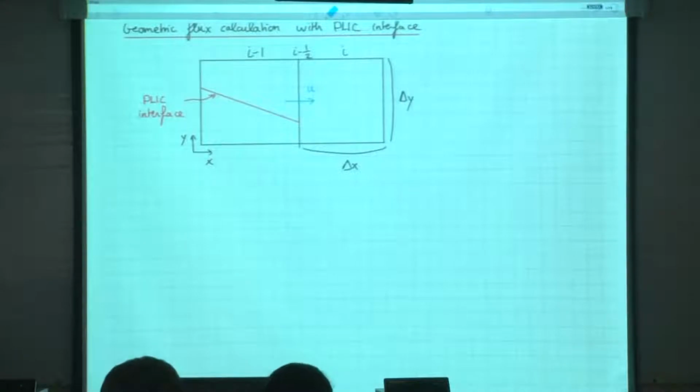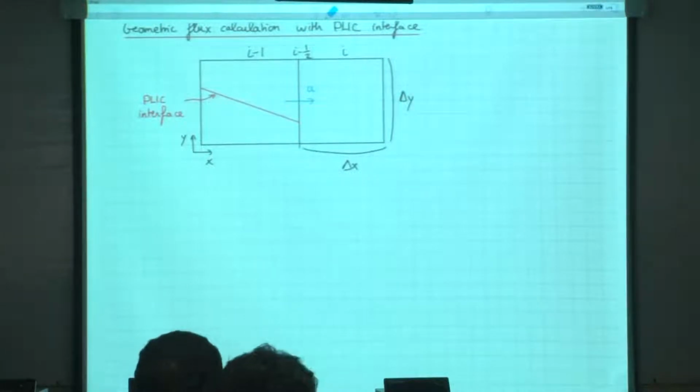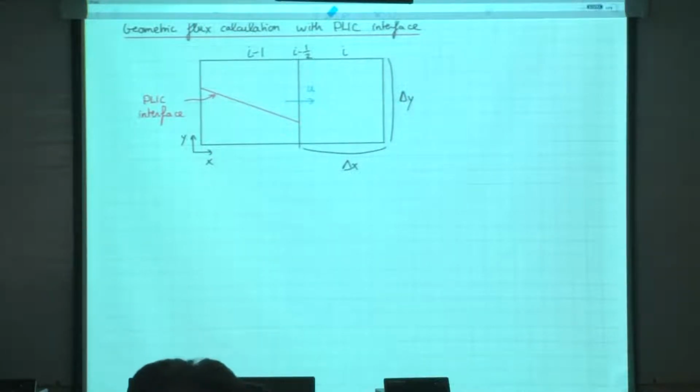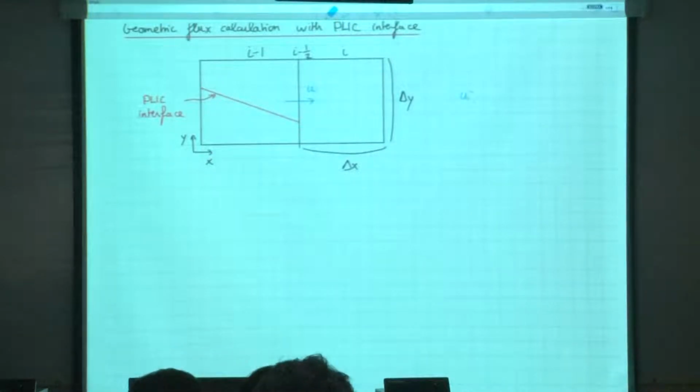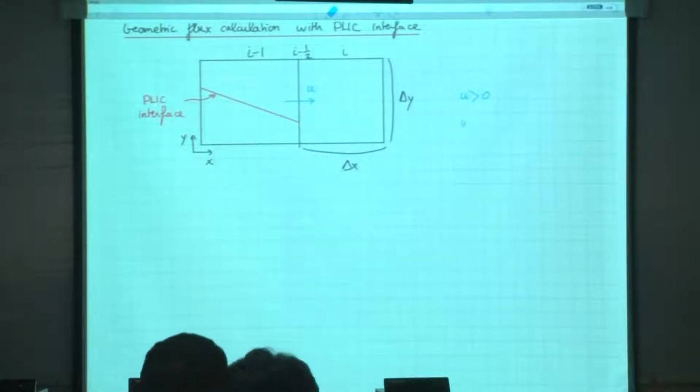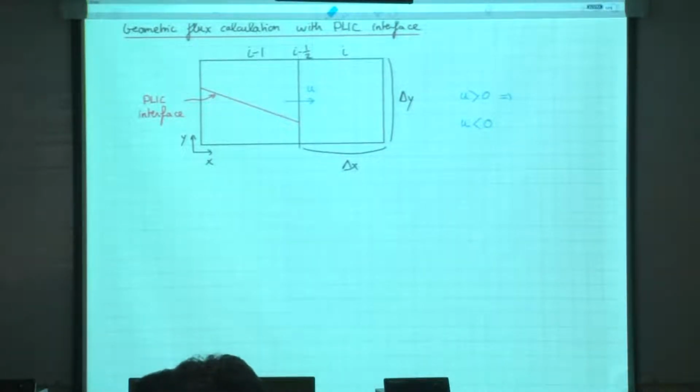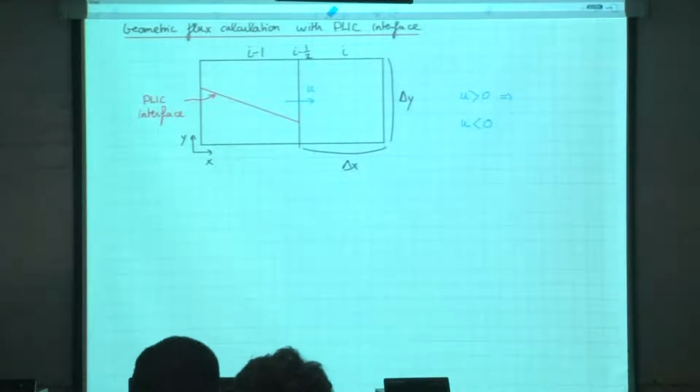Where inherently we're doing geometric transport. We're using the fluid velocity to help us deform our local geometry of the mesh. So what we're going to be doing is going to be fundamentally upwinded in nature. And it's going to become obvious how so in a second. So if the velocity goes from left to right, we'll be looking left.